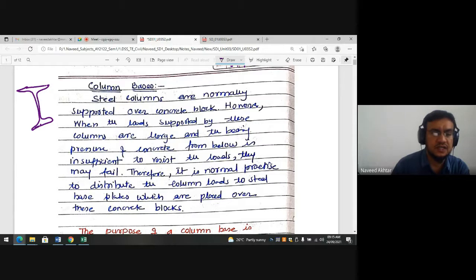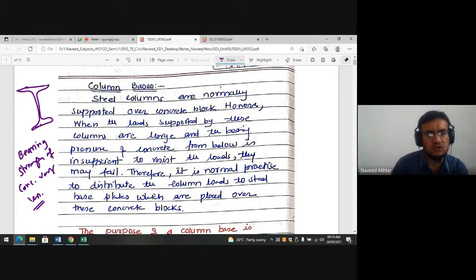So generally, the steel columns are supported over the concrete block, and the bearing strength of concrete block is very less. Bearing strength of concrete is very less. Okay. So due to the heavy load coming on the steel column, what happens?